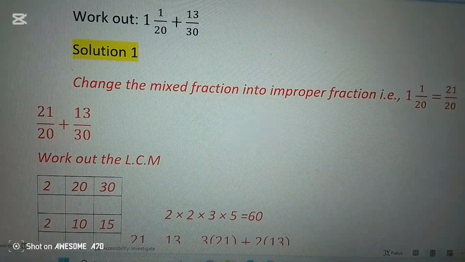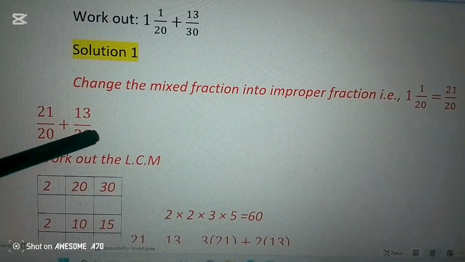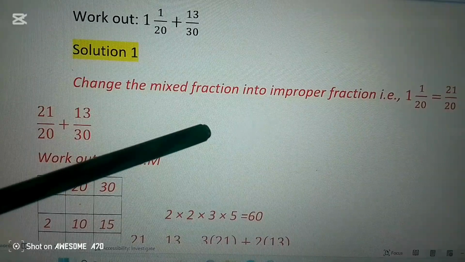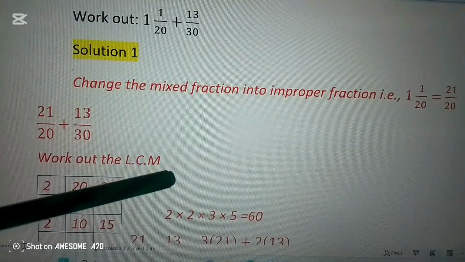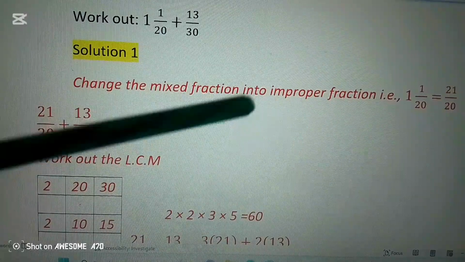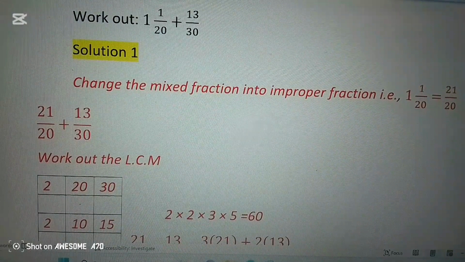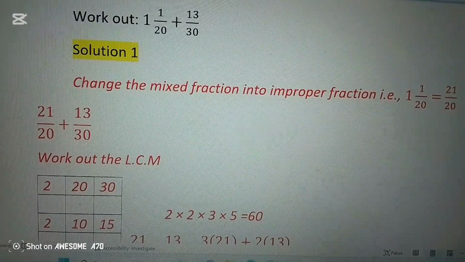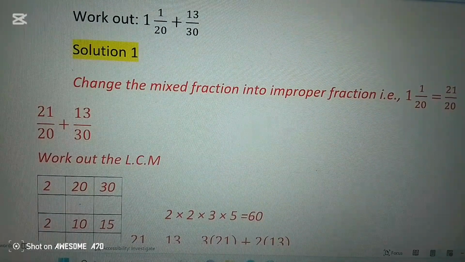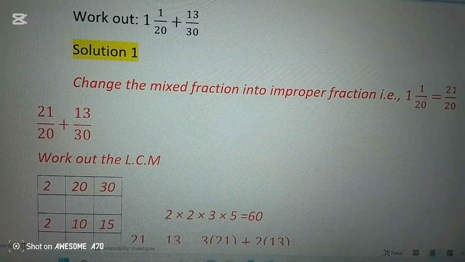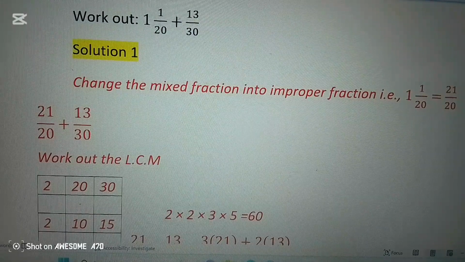The first way is to change the mixed fraction into an improper fraction. So we are going to change this 1 whole number 1/20 into an improper fraction, whereby an elephant is being carried by a rabbit.